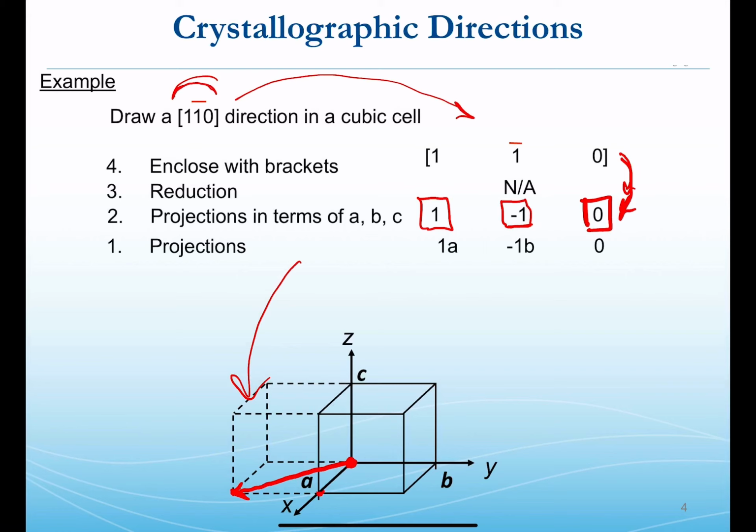And we said earlier that we translate unit cells to help us with our system to have an origin here. So you might imagine working our way backwards to position an arrow in the actual box that was provided to us. And the final step is to take this vector and actually position it there.